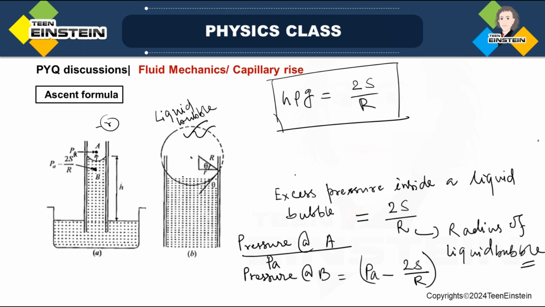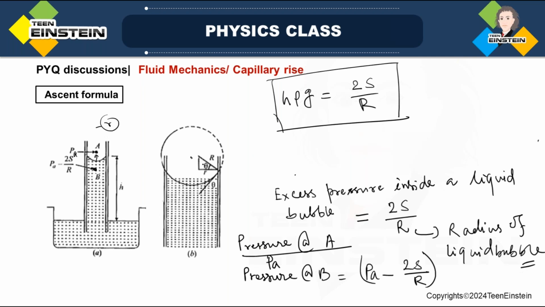Now look at the second figure, figure B. We have a relation between the radius of the liquid bubble, capital R, and the radius of the capillary tube, small r. These two have a relationship, where this angle is the angle of contact theta.